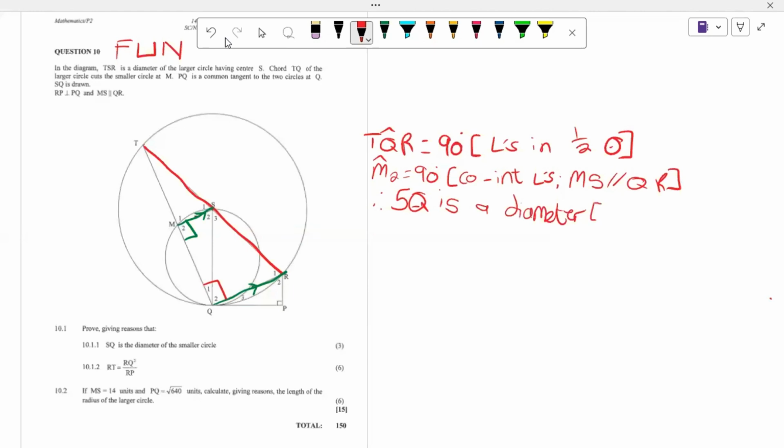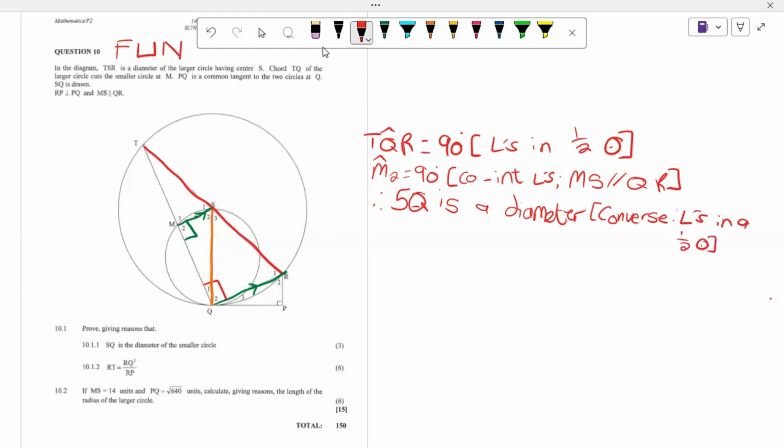And then my reason now: if this is a diameter, then you know a diameter always subtends 90-degree angles. So it's going to be a converse, but then of what? Angles in a half circle.